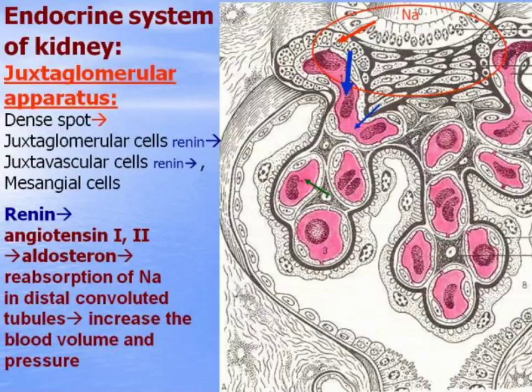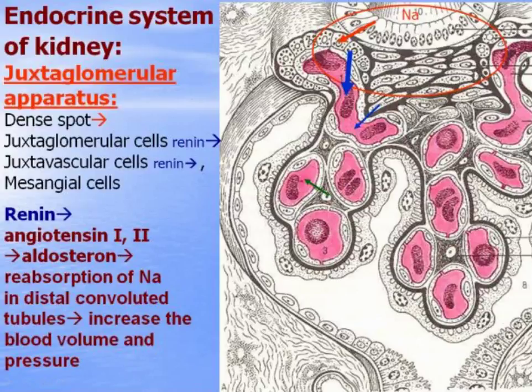The amount of sodium in urine increases, and it attracts water by simple diffusion. And it increases blood pressure finally.